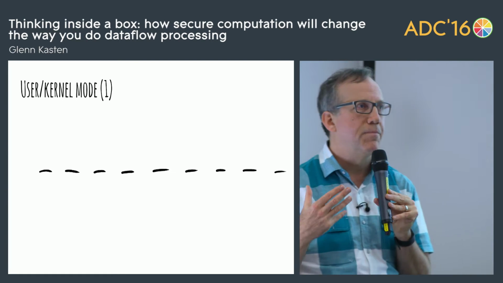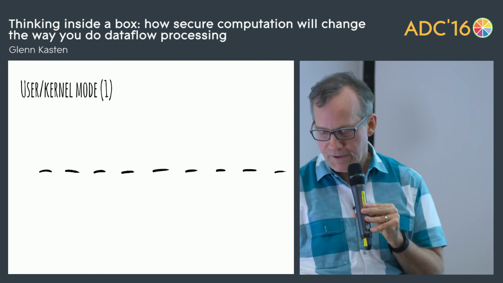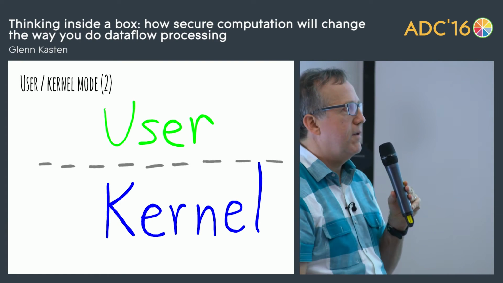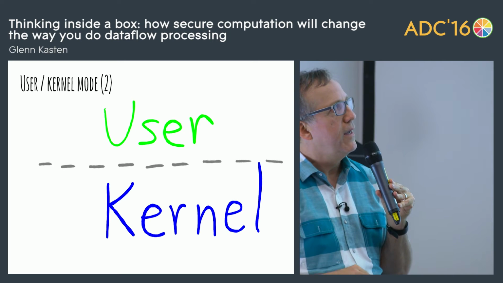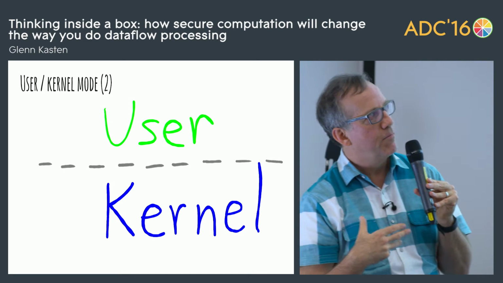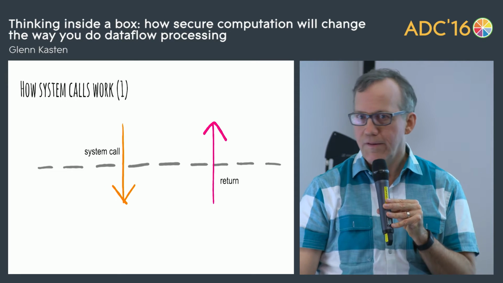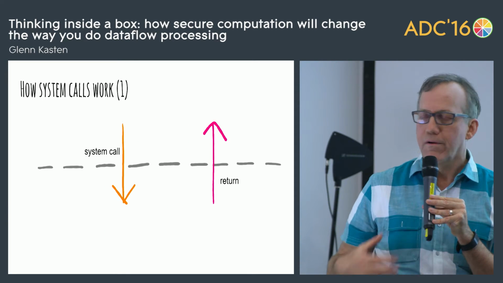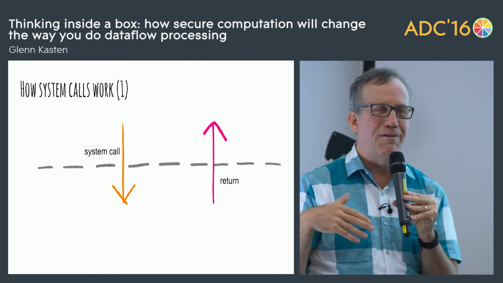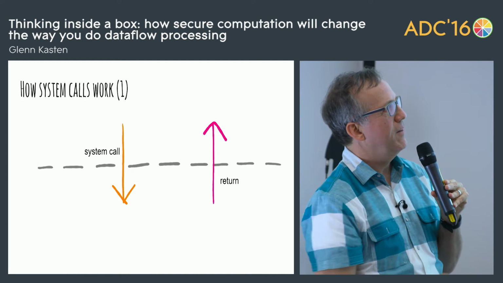Often they have more than that, but they have a user mode, which is the upper part, and the kernel mode, which I'll show in the lower part. It's also called privileged mode and unprivileged mode, something like that. The kernel obviously runs in kernel mode, and then your applications run in the user mode.